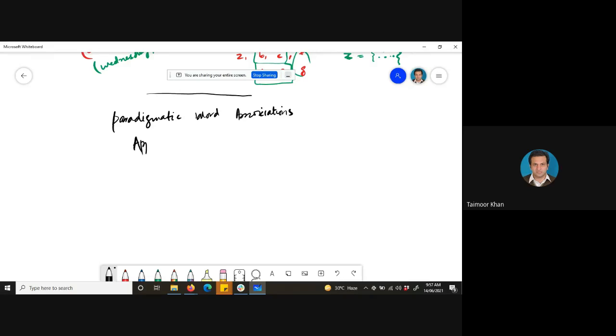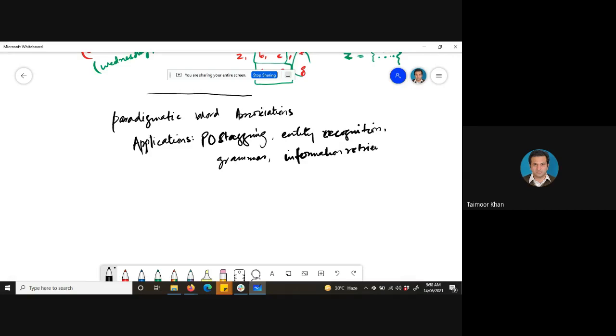For example, POS tagging, entity recognition, grammar, and many other things, including information retrieval. So these may be the different applications for which these associations can be helpful.